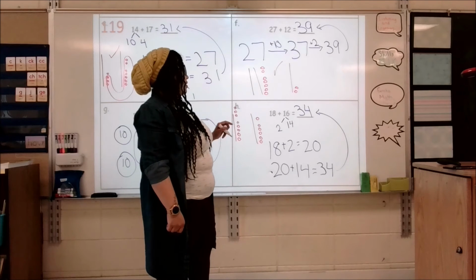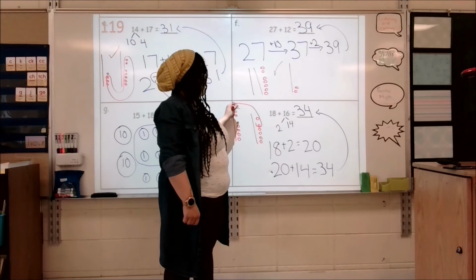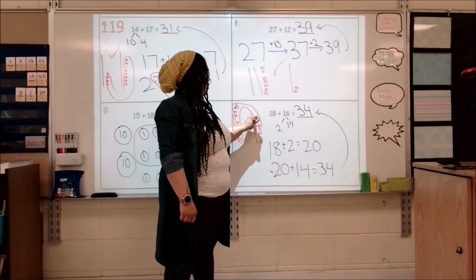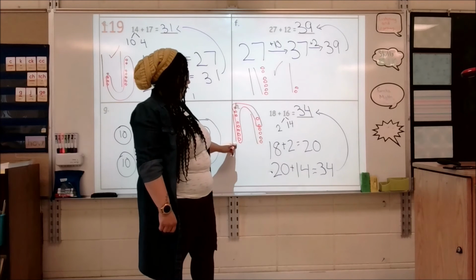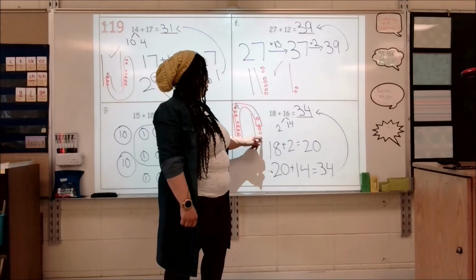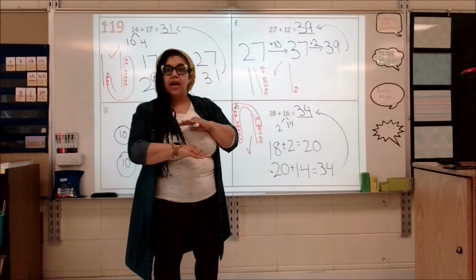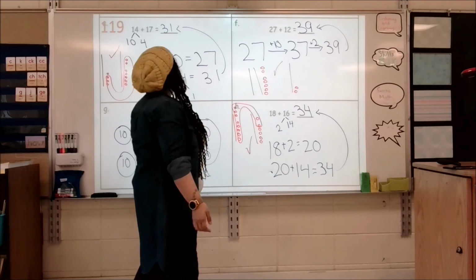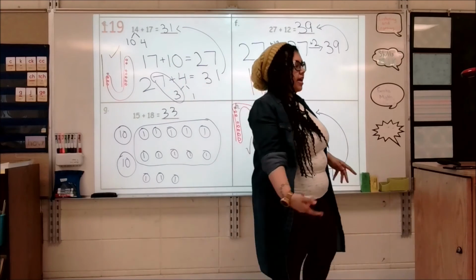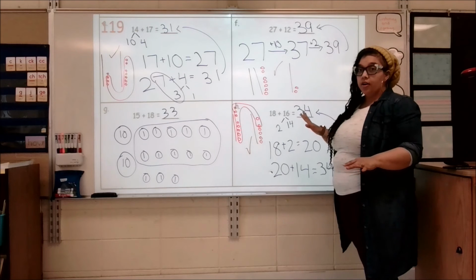We decided that we were going to take 2 of these ones to join with these 8 ones to complete a group of 10. We see 10, 20, 30, 31, 32, 33, 34. Hey, my picture and my numbers match. They are the same, meaning I did what I was supposed to do. I did the problem correctly, and I used my quick 10 drawing strategy to check my work.